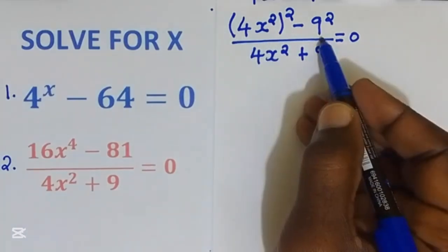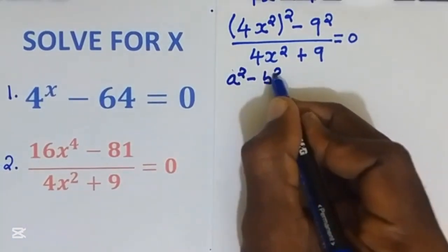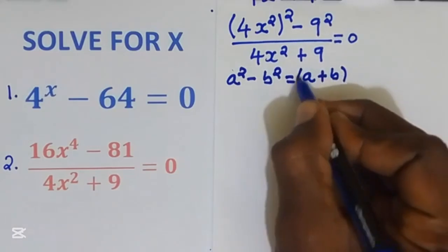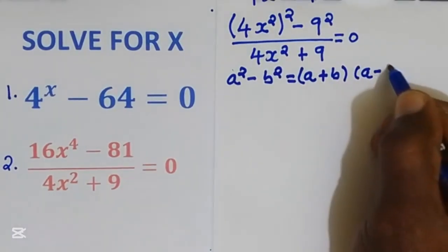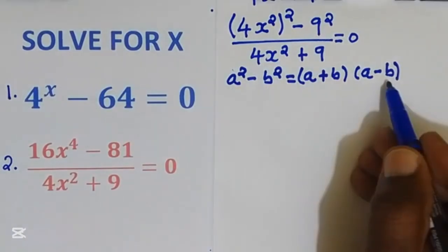This is already in the form of difference of two squares. That is, if we have a squared minus b squared, this is equal to a plus b, a minus b. So I'm going to factorize this by difference of two squares.